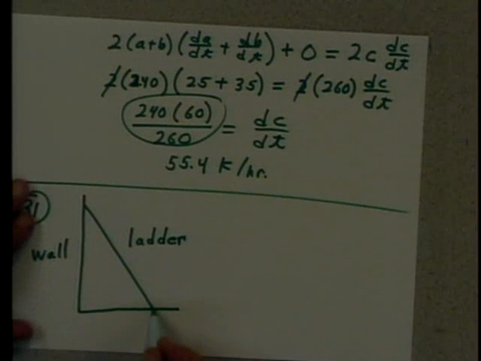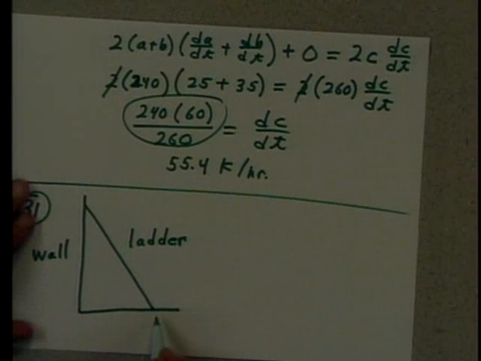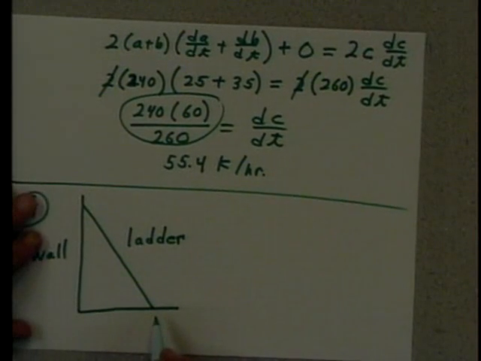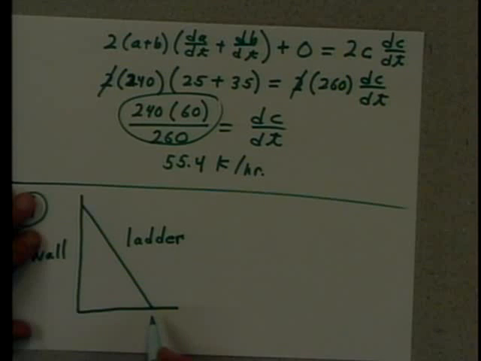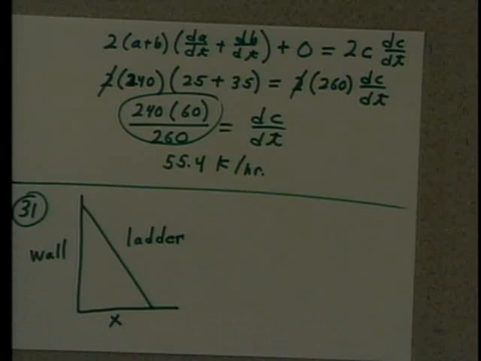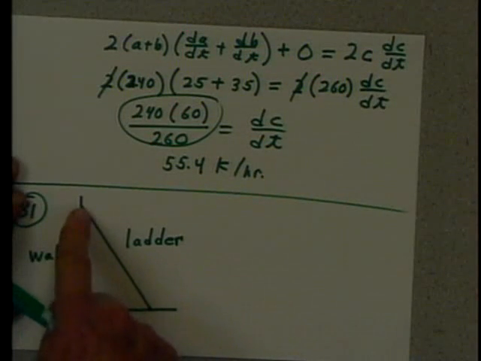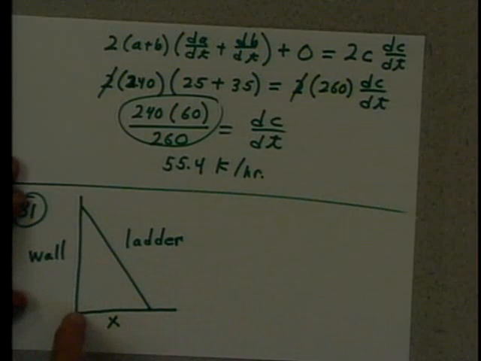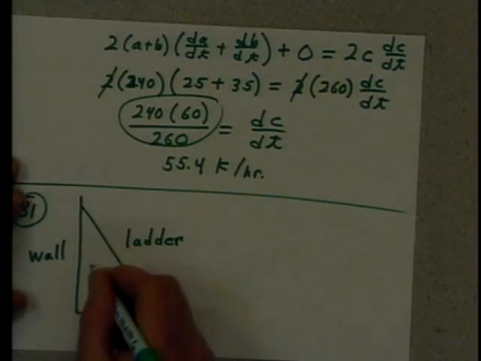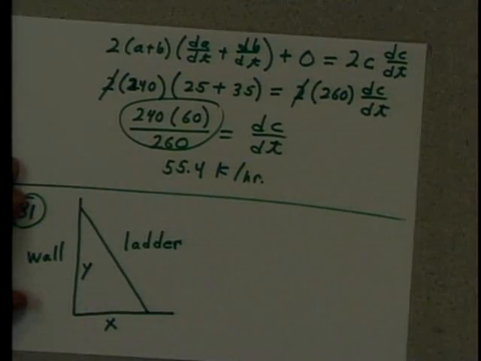Is the distance between the base of the ladder and the wall changing? I need a letter. X. Is the distance between the top of the ladder and the ground or floor, whatever it is, changing? Yes. Is the length of the ladder changing?